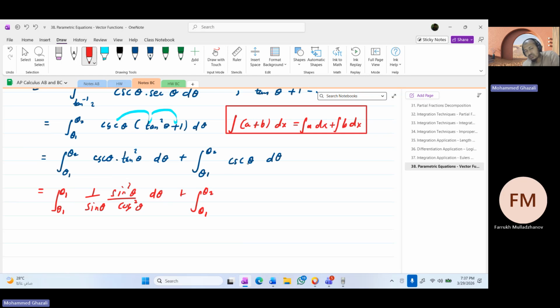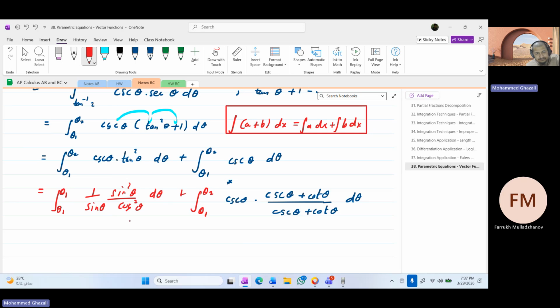But now this is not cosec squared. Right, this is cosec. So you got to use a trick, cosec theta times cosec theta cot theta over cosec theta plus cot theta. It's like a trick that you're going to use. So it's like multiplying by 1 over 1 d theta.